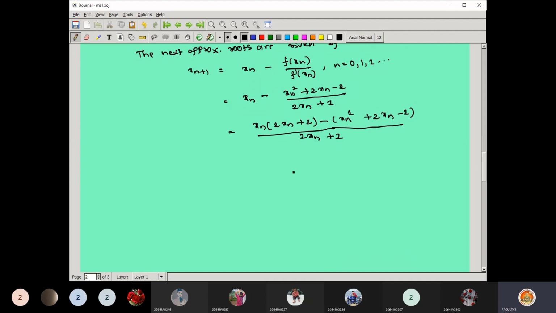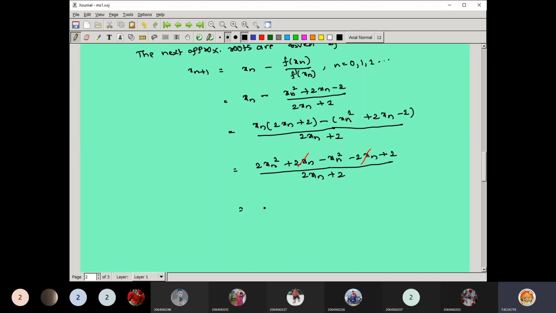So that you are getting this value, it is equal to 2xn square plus 2xn minus xn square minus 2xn plus 2, total divided by 2xn plus 2. So there are certain cancellations: plus 2xn minus 2xn is over.